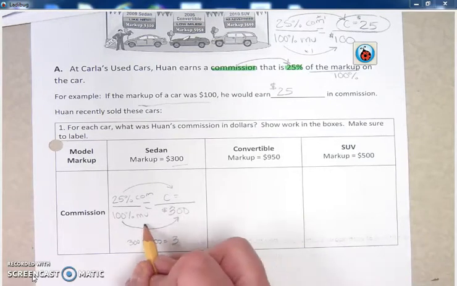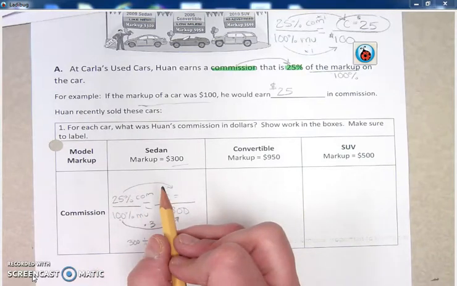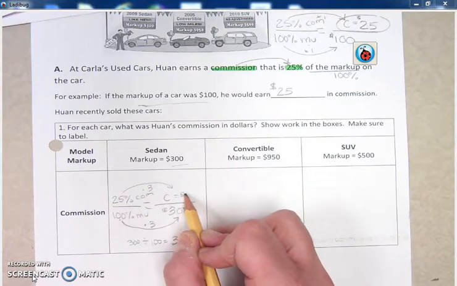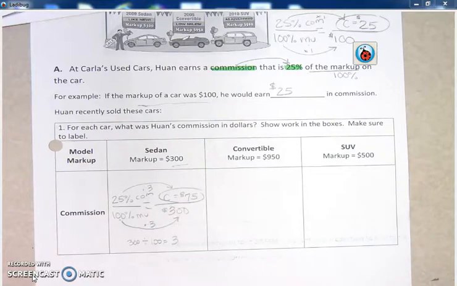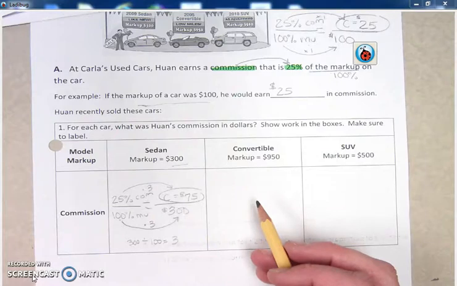So that means my scale factor is 3. 100 times 3 is 300. 25, not 25%, just the number 25, times 3 is 75. Now I put the label on it: $75 commission. So try using proportions. You may be able to do this a different way and it might be easier, but just try using proportions on this and see if you can find the commission for the convertible and the SUV.